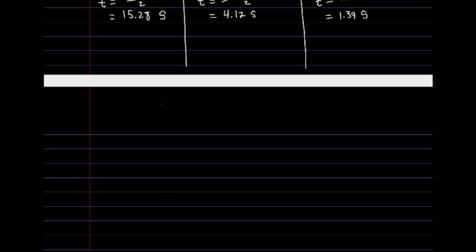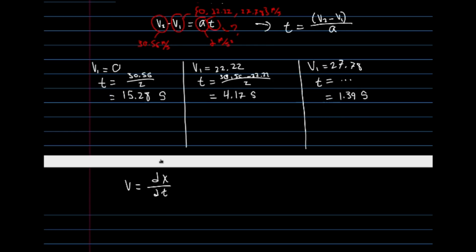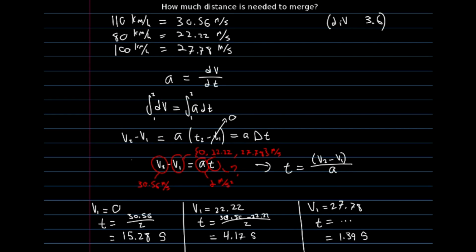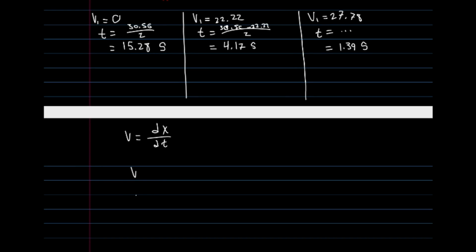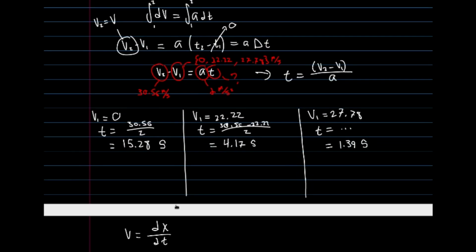So, we know our definition of velocity. Velocity equals displacement with respect to time. We have our equation for velocity up here. Now, we've chosen to put it into this differential form, but we'll say that v2 is just our variable v. So, for our velocity, v equals v1 plus at.